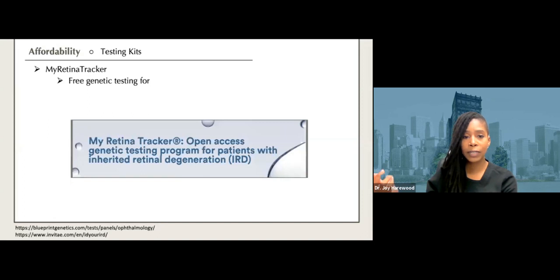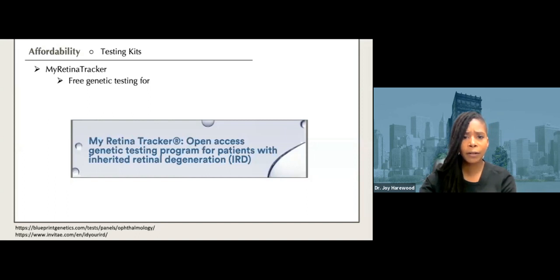These testing kits are really just a saliva sample. So in your practice, you suspect somebody or they've been diagnosed with a hereditary retinal disease. You give a buccal swab, you send that back to the company, and they will do that genetic testing for free. It's fantastic. They will also provide genetic counseling after that testing, and that is also free of charge.